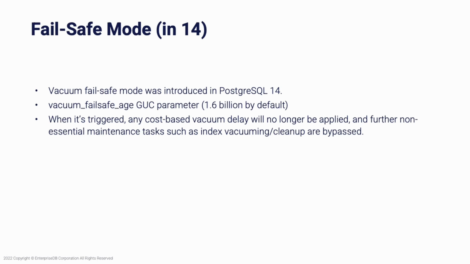The vacuum_failsafe_age is 1.6 billion by default. In the failsafe mode, the system tries to vacuum the table as quickly as possible. It might affect foreground transaction processing performance, but it will reduce the possibility of entering read-only mode.